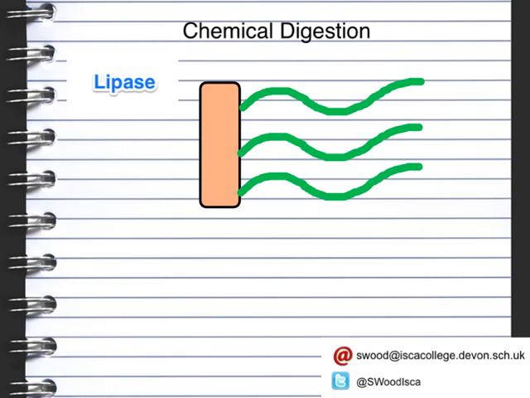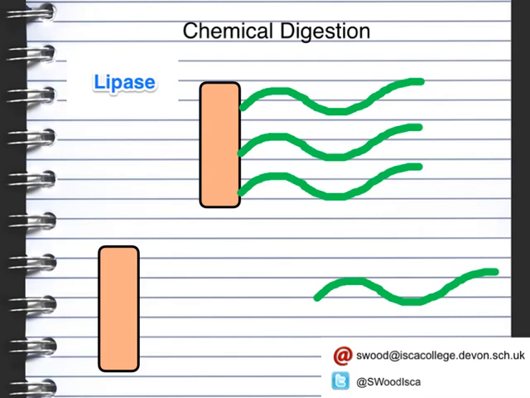What that will form is glycerol, and then we get fatty acids here. So this is the glycerol, and these are the fatty acids.